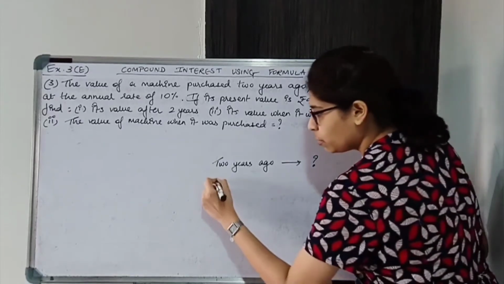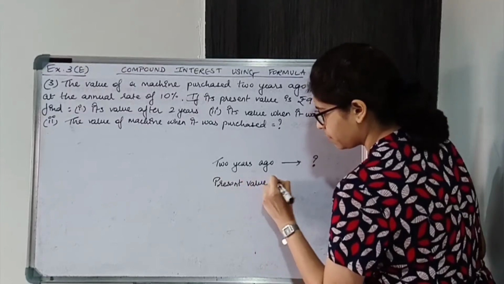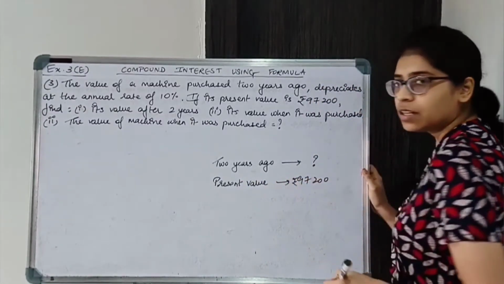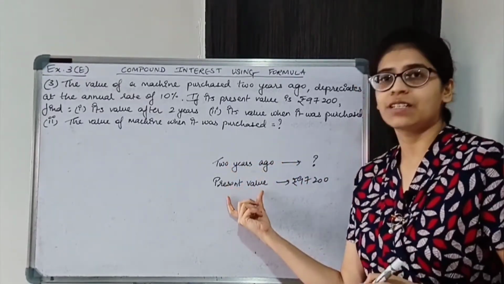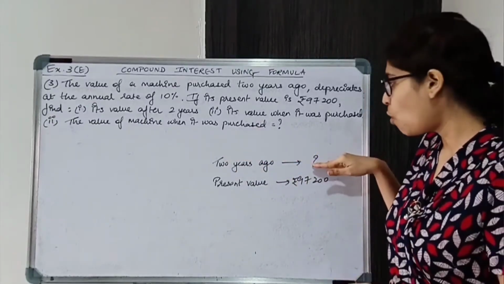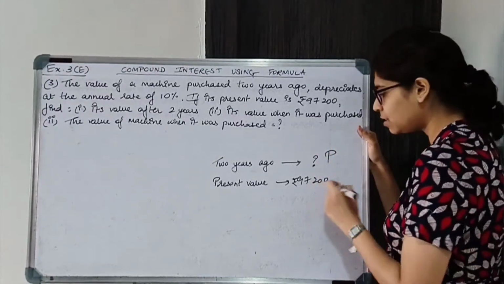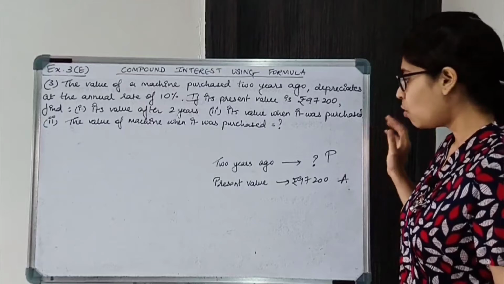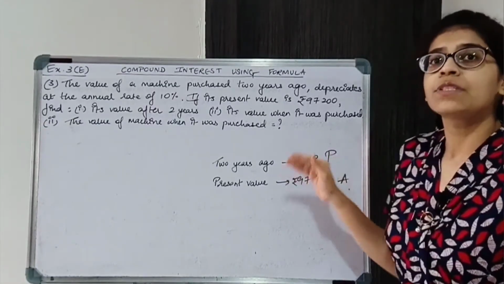Present value we know, it is 97,200. Now which one comes before, 2 years back or the present one? Obviously 2 years back comes before. So over here this is principal and this is amount.